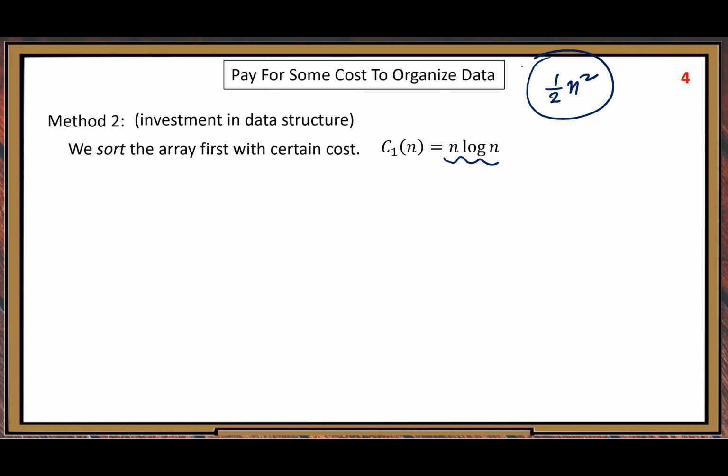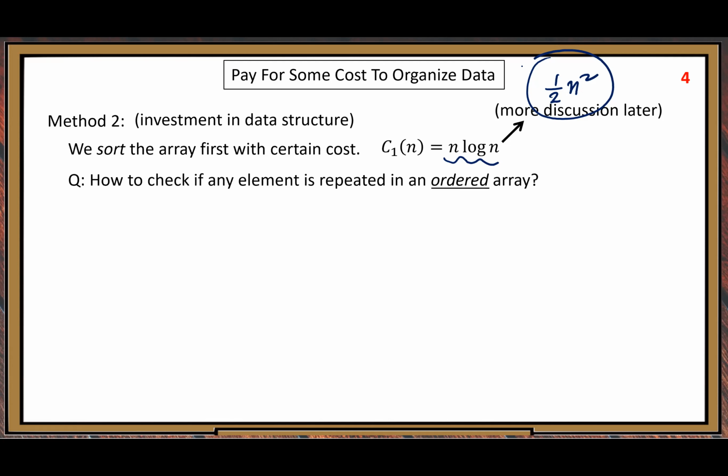So the first step, we do the sorting, and we pay. The cost is pretty big. But if it's smaller than method one, probably we like to pay this much. Let's look at the next step.